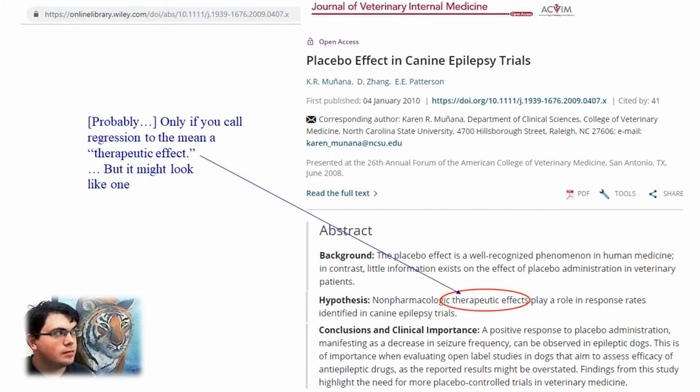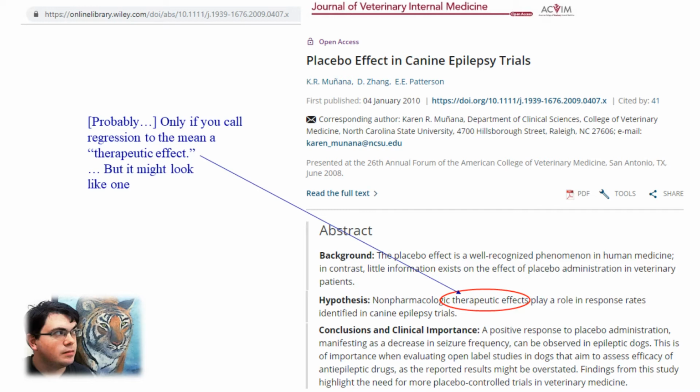This is pretty funny, because if you take the common definition of the placebo effect as a real psychological benefit which comes from believing that you're being treated with some marvelous medicine, then you wouldn't expect dogs with epilepsy to get better after being given a sugar pill, because dogs could not possibly have the faith in modern medicine which might benefit a human patient.